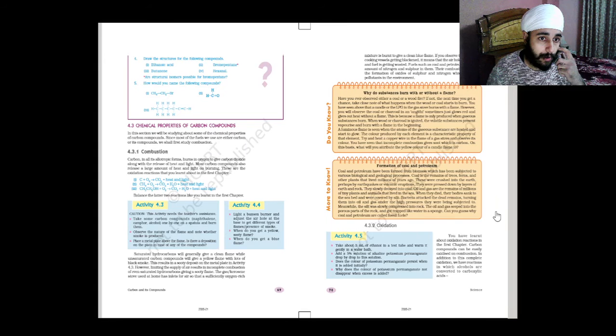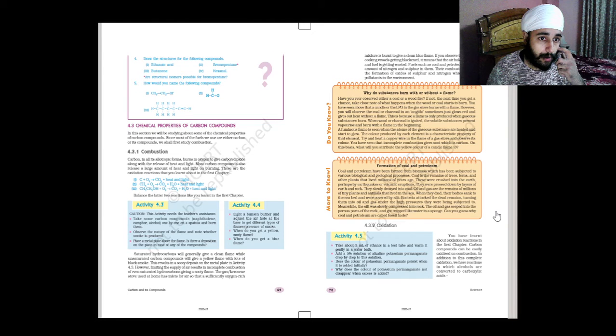Now combustion. Combustion is when any allotropic form of carbon burns in oxygen to give carbon dioxide along with heat and light. Like coal, which is a pure form of carbon. So C plus O2 gives carbon dioxide and heat.